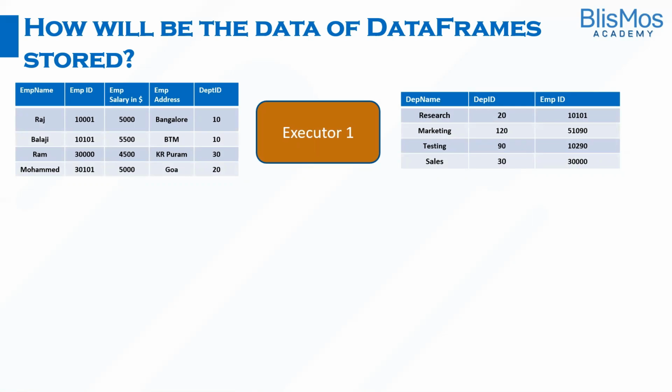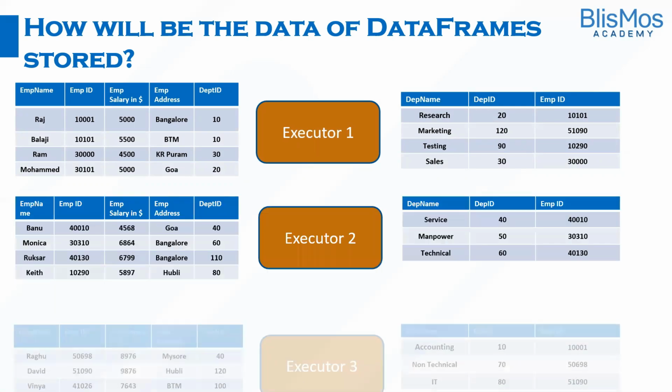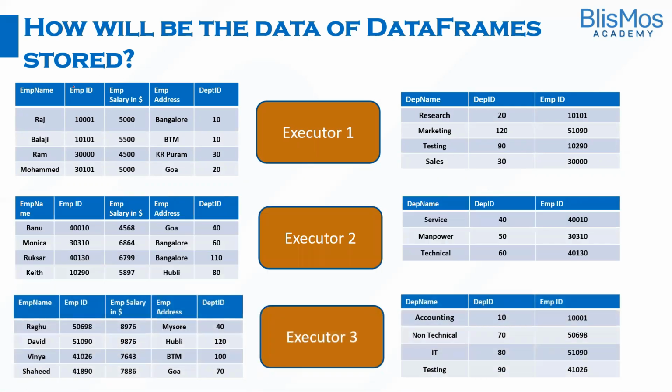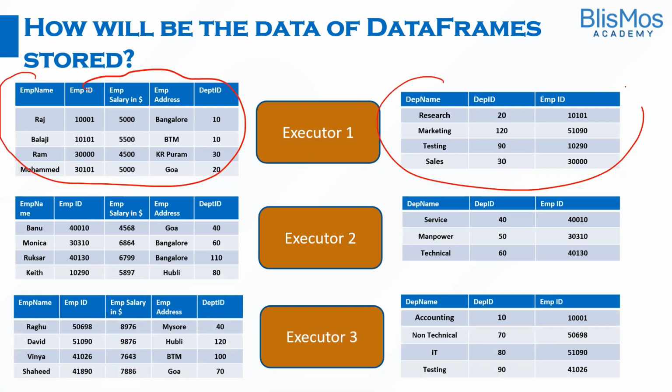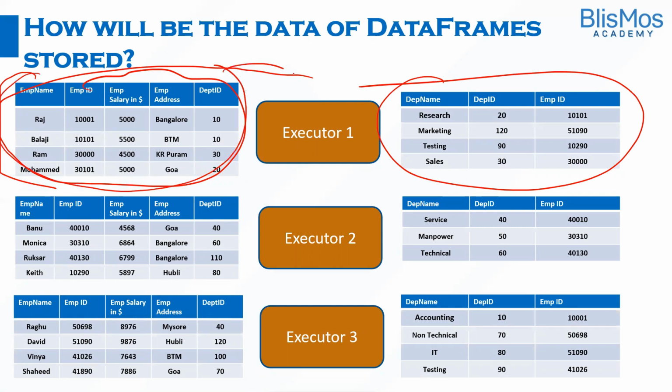Assuming that we have almost 3 executors here, these data frames are partitioned and stored in different executors. Assuming that this part of data frame 1 is stored in, or taken care of by, executor 1, and this part of data frame 2 is taken care of by executor 1, and so on and so forth.